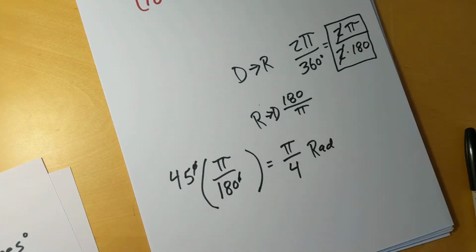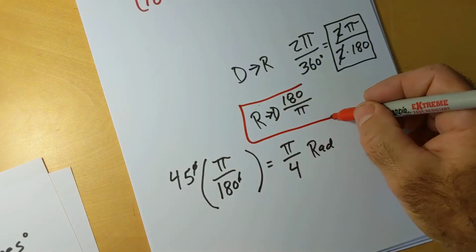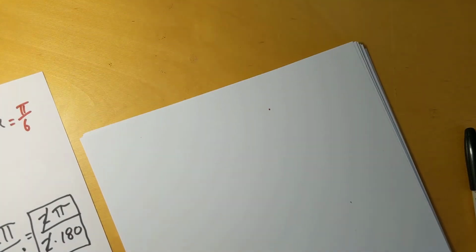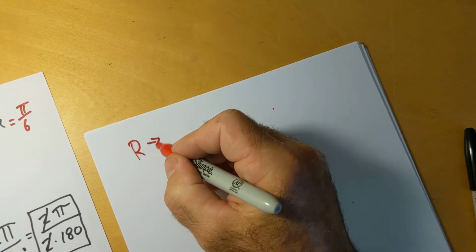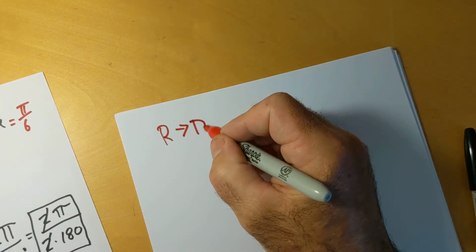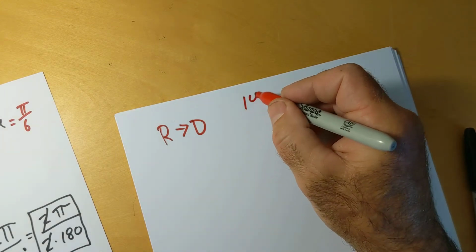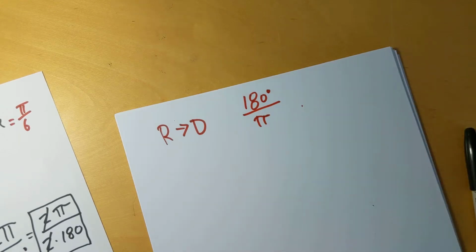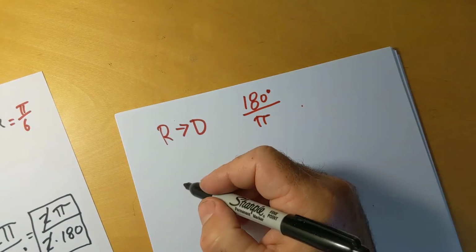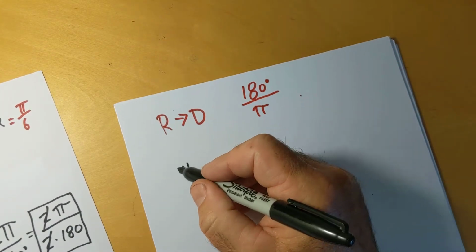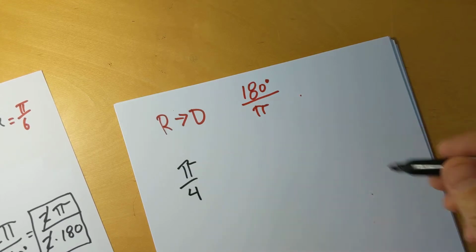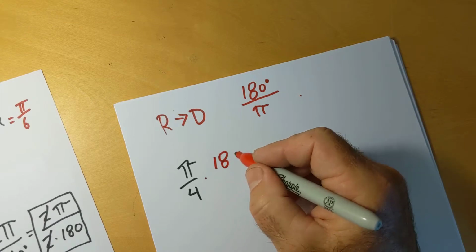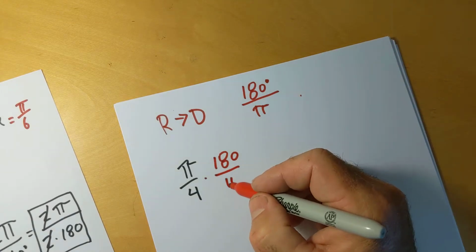Okay, so now let's go the opposite way. Let's go from radians to degrees. So from radians to degrees, I multiply by a conversion factor of 180 degrees over pi. So if I have, say, pi over 4, and I want to convert that into degrees, I multiply it by 180 over pi.